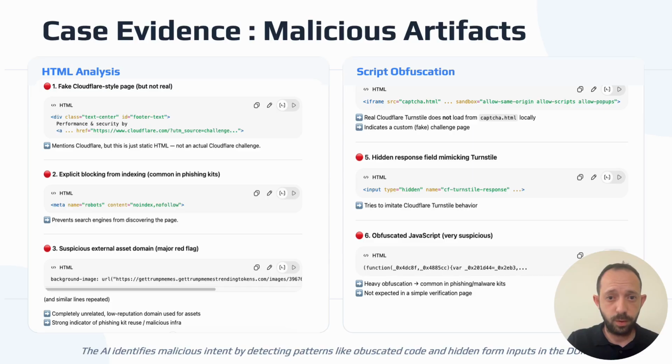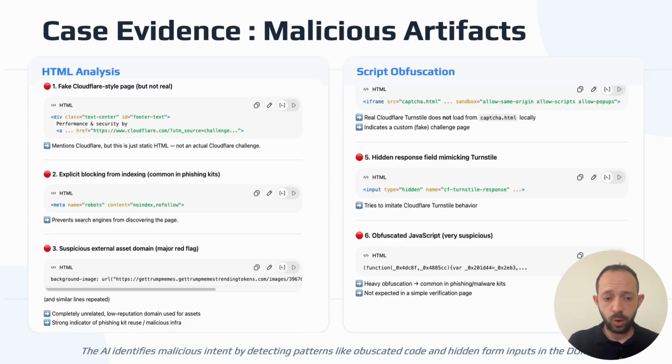So first of all, you can see on the left side a fake CAPTCHA Cloudflare page. We can see some HTML referencing Cloudflare. However, this is not a real CAPTCHA. Now, not everything in this artifact must be true or suspicious.